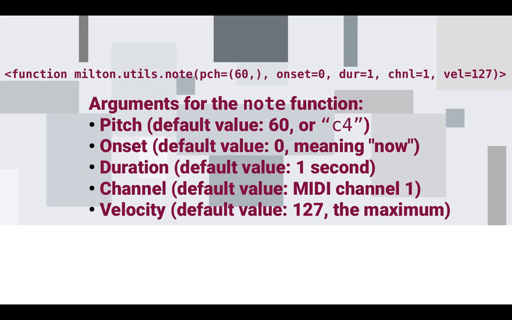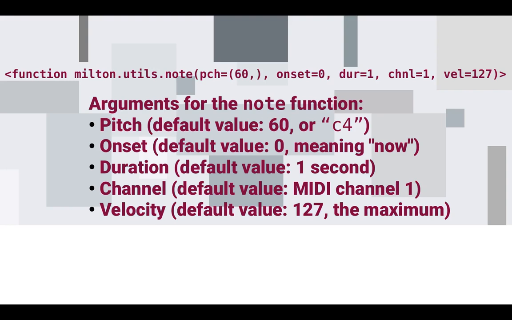We could describe this as the loudness of the sound, measured as a 7-bit value resulting in 128 different loudness levels, with 0 being the softest and 127 the loudest. All these arguments have default values as we can see, which means if we do not specify a value for them, the default values are used.